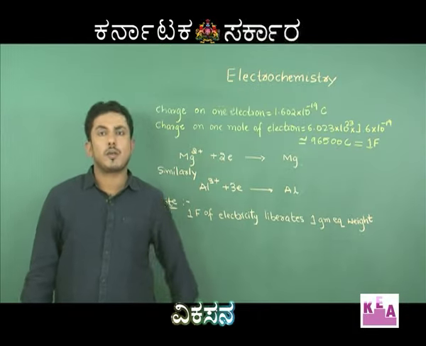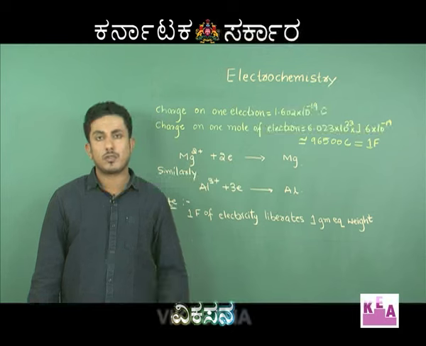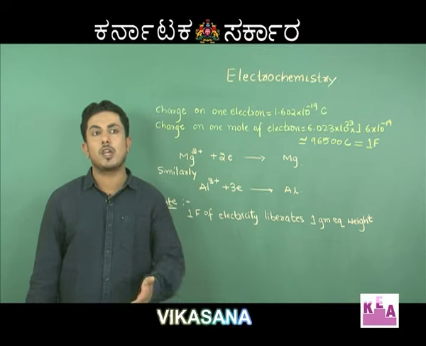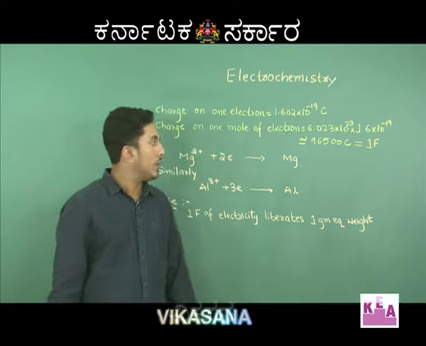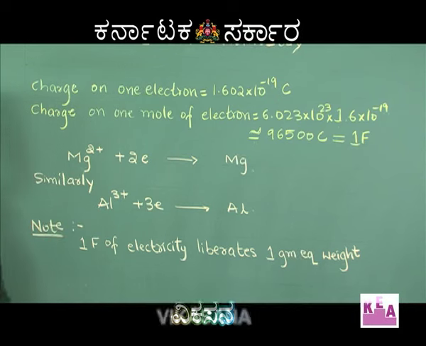Students, let us discuss some concepts related to electrolysis. Electrolysis is a process in which an electrolyte is decomposed into its elements by passing direct current. 1 electron carries a charge of 1.6 into 10 to the power minus 19 coulomb.